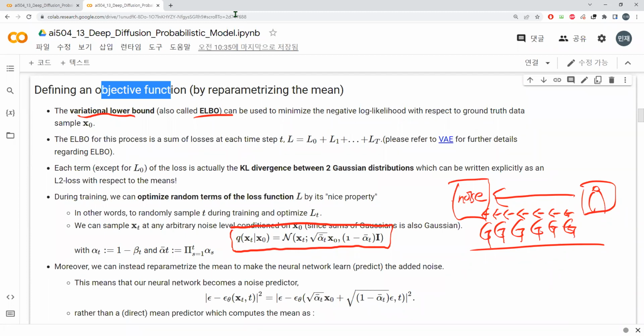So we don't have to go through the forward diffusion process in a stepwise manner. We can jump at once, not this way, from 0 to time step t. That's what I'm explaining here.